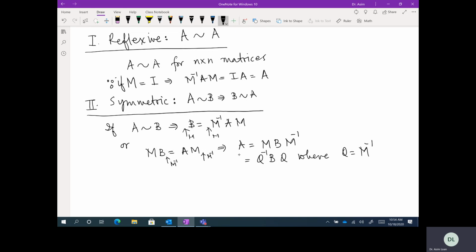So this relationship implies B is similar to A.